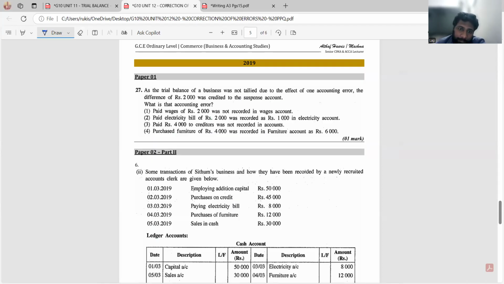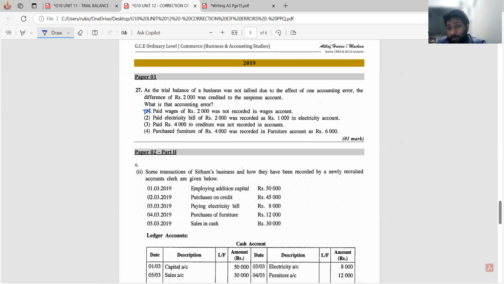So let's see. Paid wages 2000 was not recorded in the wages account. If it is not recorded in the wages account, which is an expense account, the debit value should be less. Now here the debit value is more, so that is out. Paid electricity 2000 was recorded as 1000 in the electricity account.